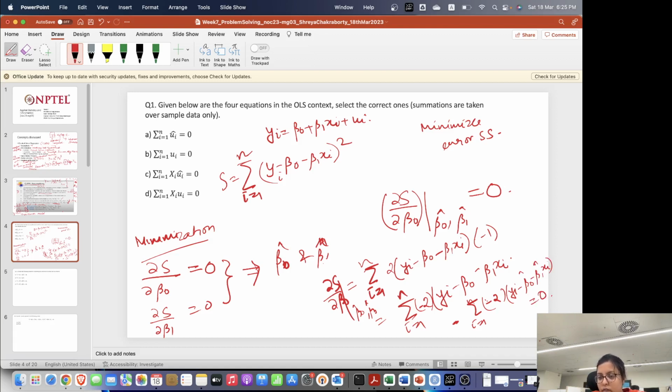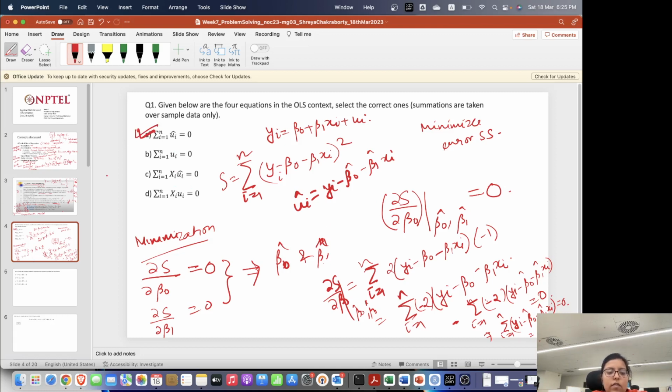So now if the entire thing is equal to 0, then summation i equal to 1 to n of yi minus beta naught hat minus beta 1 hat xi would also be 0, and this is nothing but my ui hat. Ui hat is yi minus beta naught hat minus beta 1 hat xi. So that is why this one is true from the first equation.